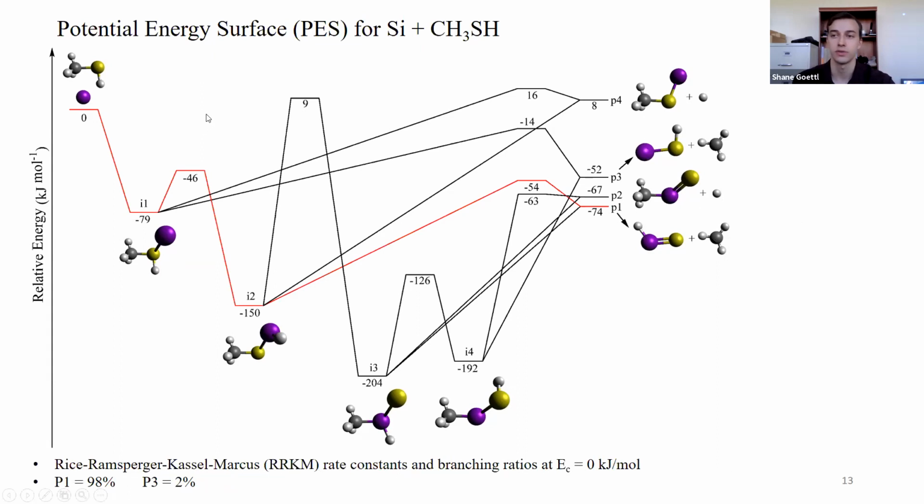So the most likely pathway then involves silicon addition to the sulfur lone pair, and then hydrogen migration, which is followed by a methyl loss to form P1. Our RRKM calculations were also performed at a collision energy of 0 kilojoules per mole to better simulate these cold environments. And the branching ratios obtained show that we almost exclusively formed product P1.